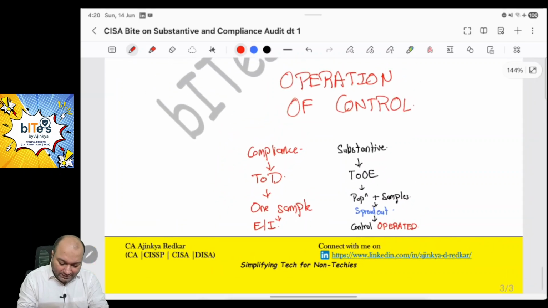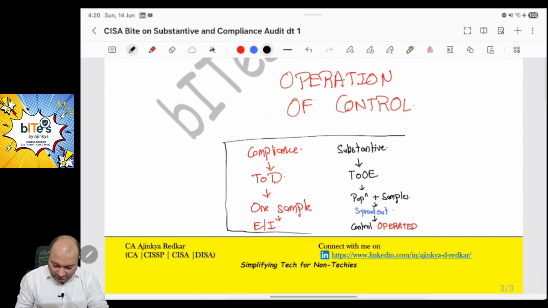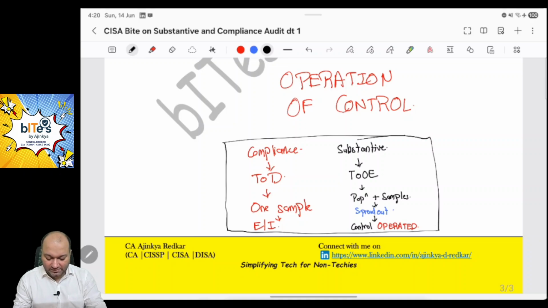So this is the main difference between compliance testing and substantive testing.